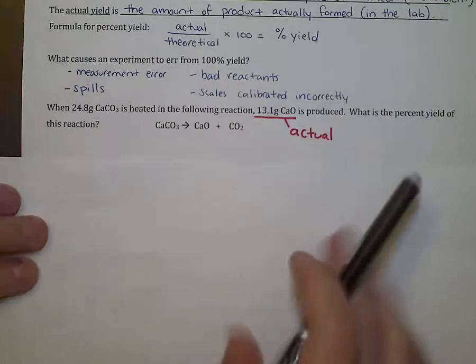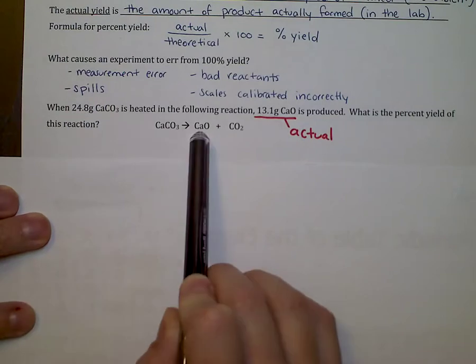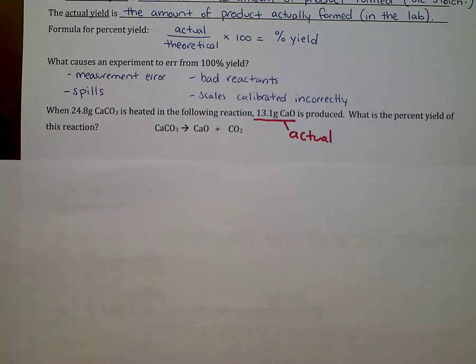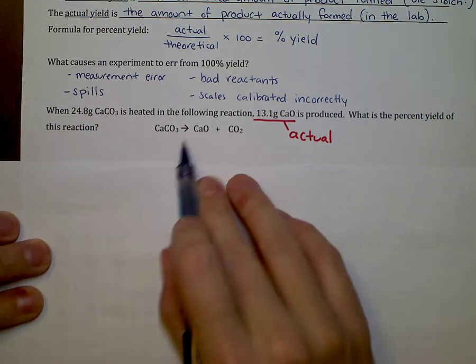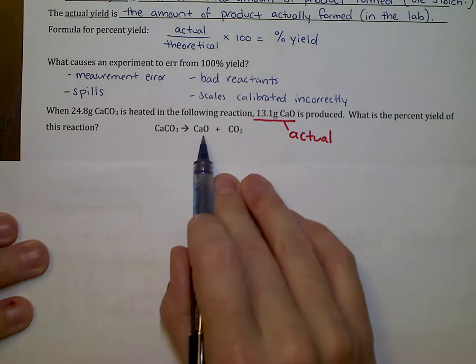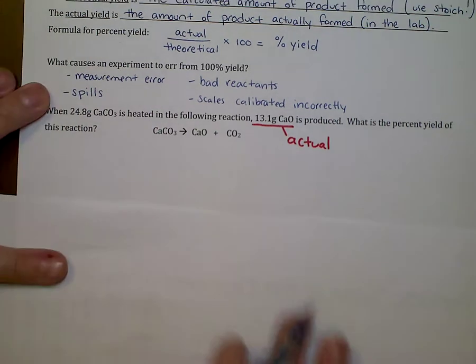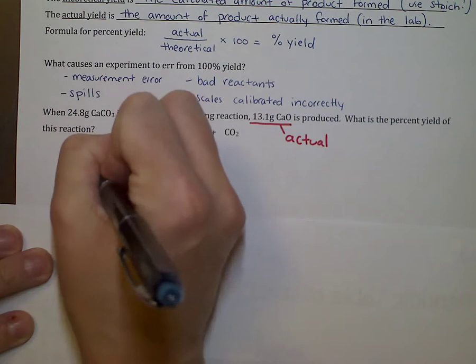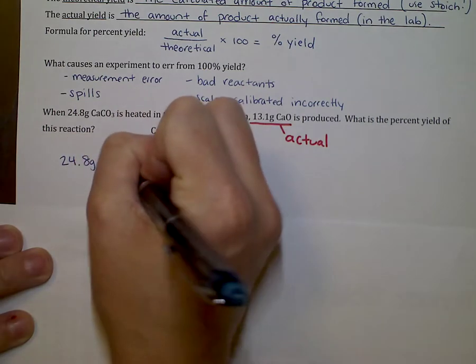So this is what we're going to do. We're going to say, how much of our calcium oxide should we have been able to make if this reaction happened perfectly? It's a stoich problem, and here's the deal: it's only one stoich problem. We're going to start with this mass and figure out how much calcium oxide we can make. We've got 24.8 grams of calcium carbonate.